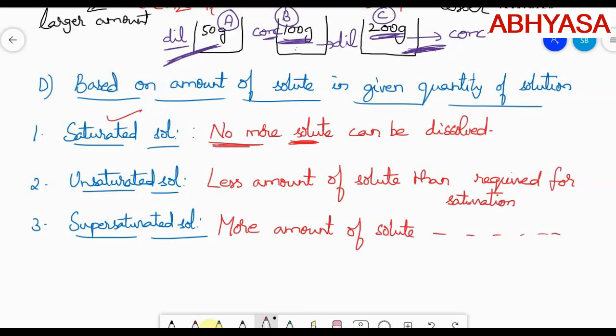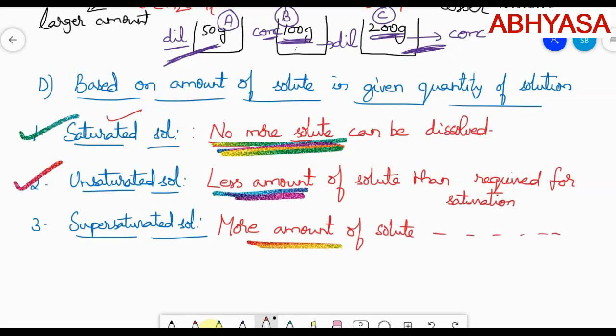So if a solution contains the maximum amount of solute as per its capacity, meaning no more solute can be dissolved, that is called the saturated solution. The solution which contains less solute than required for saturation is called an unsaturated solution. And the one which contains more solute than required for saturation, more than the maximum capacity, is called the supersaturated solution.